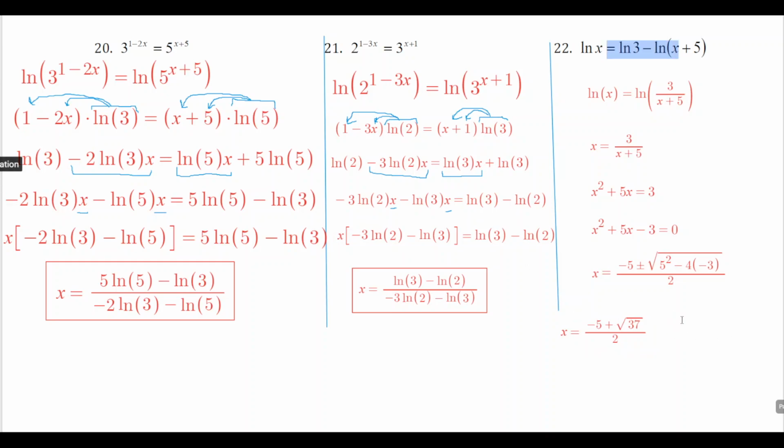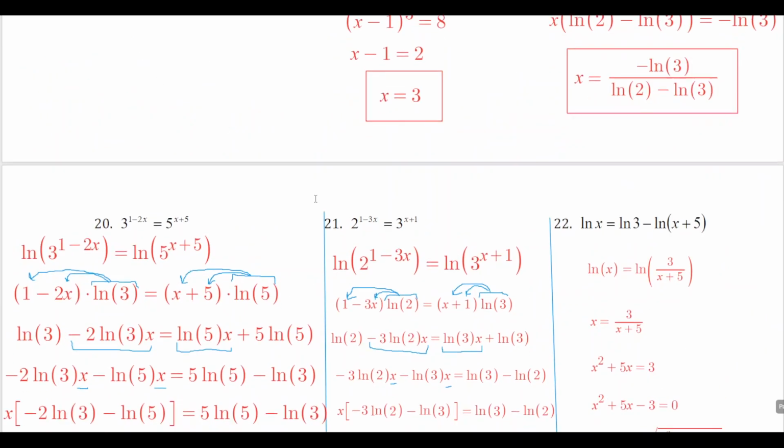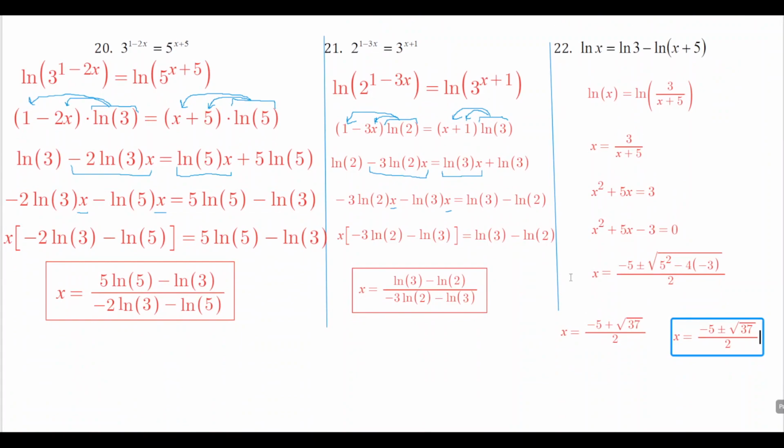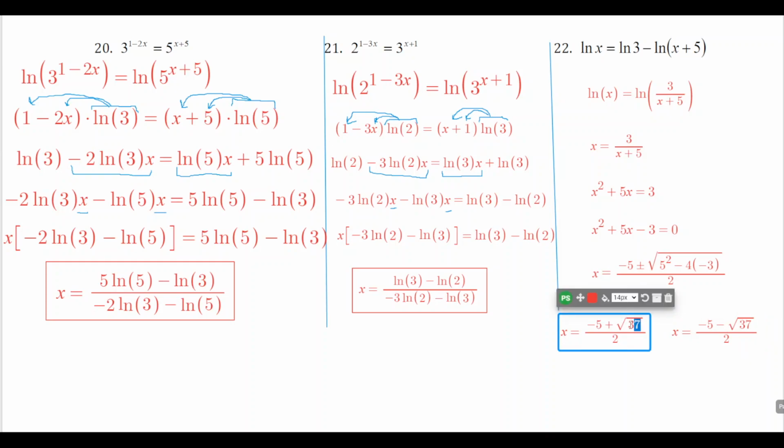So really, we're just doing that domain check. We didn't have to do it on the last few because the original equations were exponential and not logarithmic. But here we need to make sure that we're not plugging in anything into x that makes the input negative. So if this is a plus, then this is bigger than 36, and the square root of 36 is 6. So this is going to be positive divided by positive is positive. So there you go.